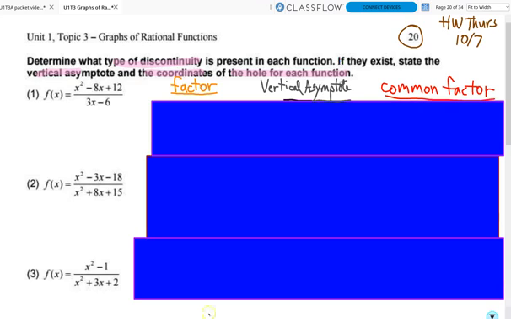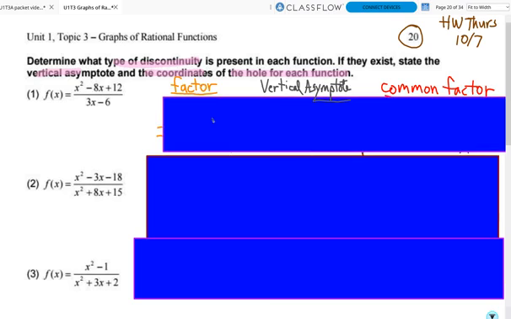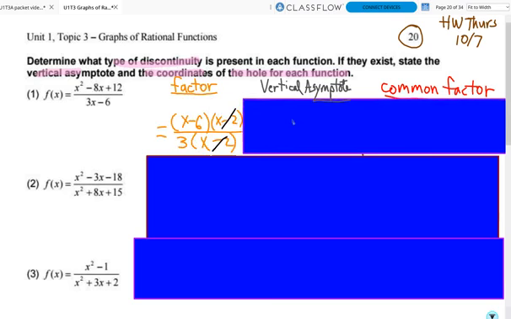So for number 1, it looks like I can factor both the numerator and denominator, the top by, I'm just going to say split the middle, the bottom by greatest common factor, and you can see that there is a common factor between the numerator and denominator, x minus 2. But first we'll talk about the vertical asymptote.